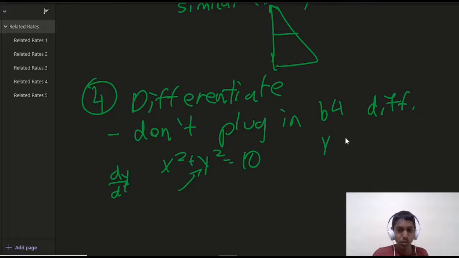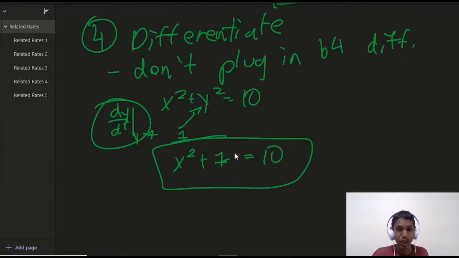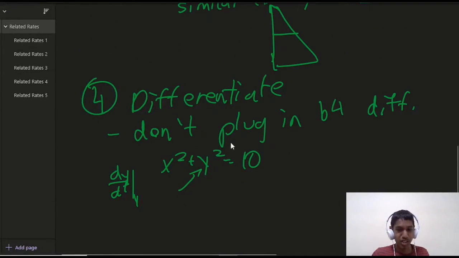Maybe they ask you to find dy/dt when y is 1, and you can't just plug in 1 right here to start and say, oh, I have no more y now, where did it go? Because this is just one moment in time, and you can't use one moment in time to generalize to all moments of time that this function is trying to describe.